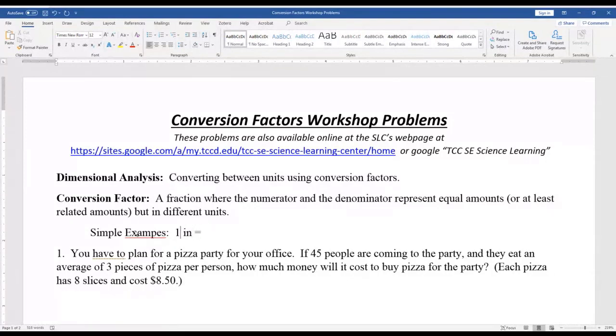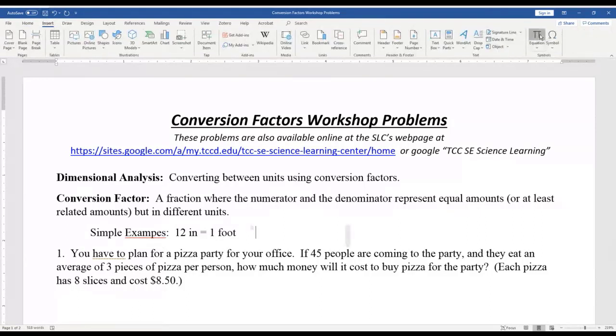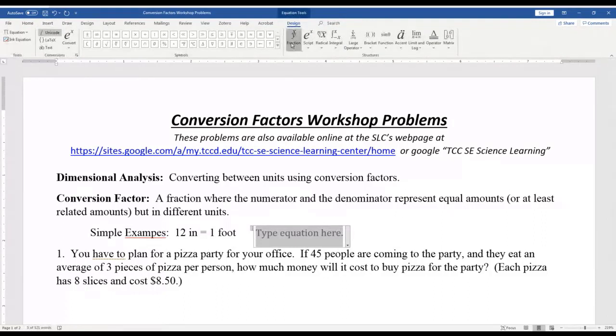So we could say that, for example, 12 inches is equal to 1 foot. And because 12 inches is equal to 1 foot, I could write this as a conversion factor. The conversion factor would look like this.